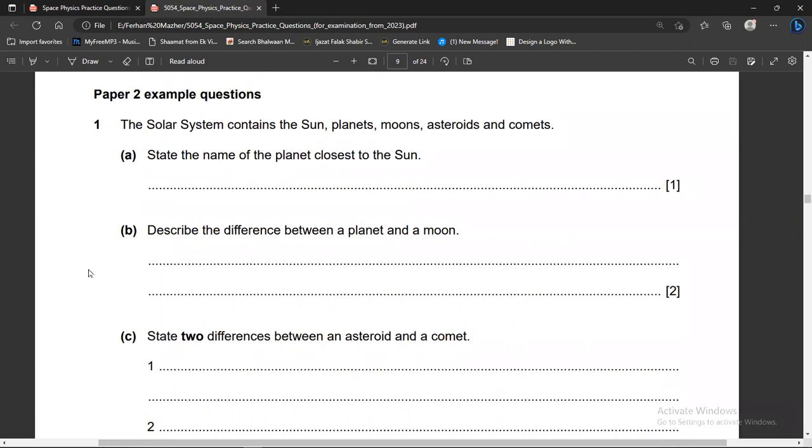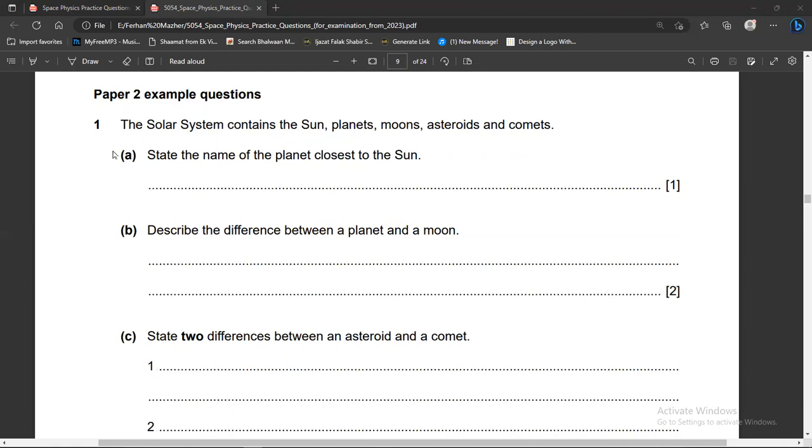So the first question coming up on your screen. The solar system contains the sun, planets, moons, asteroids, and comets. State the name of the planet closest to the sun. You can remember the order of the planets with the mnemonic: my very educated mother just served us nachos.